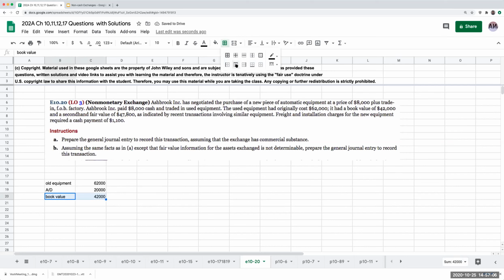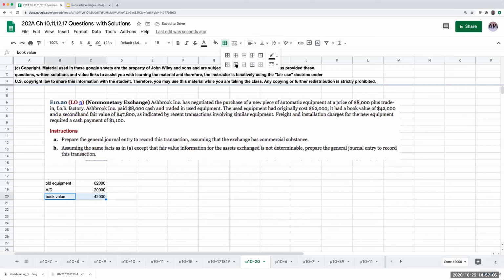So over here, I'm going to credit equipment for $62,000 and debit the accumulated depreciation on that equipment for $20,000. Got to take that old equipment off my books.